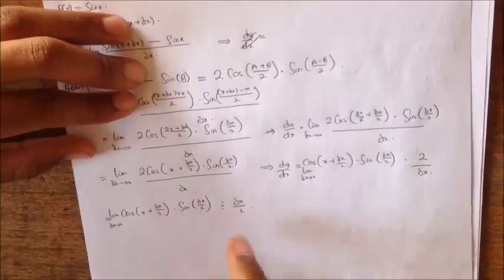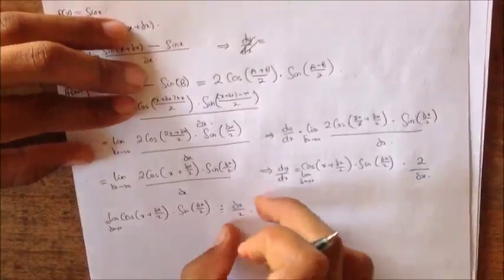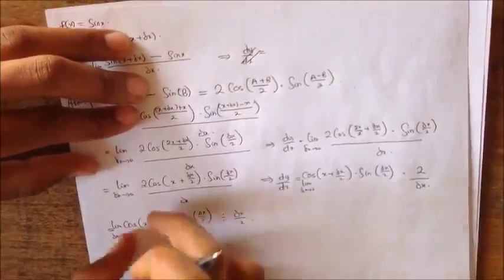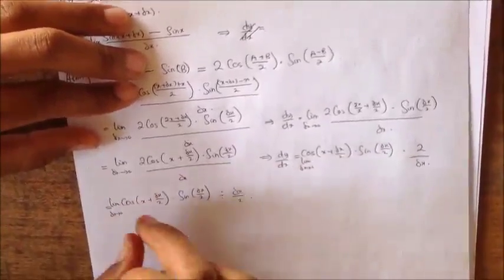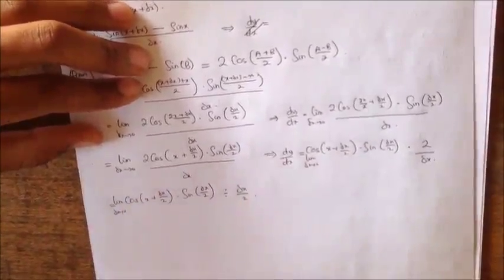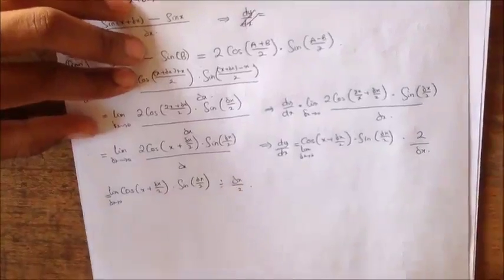I can put the delta x divided by 2 under the sine or under the cos; since cos and sine are multiplying each other, it works the same way.